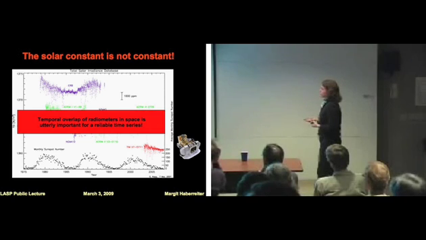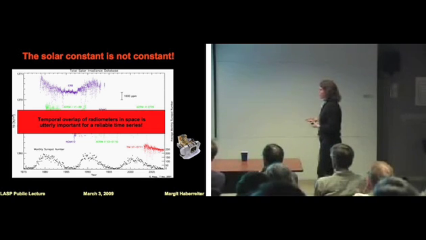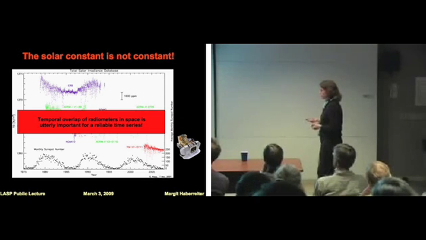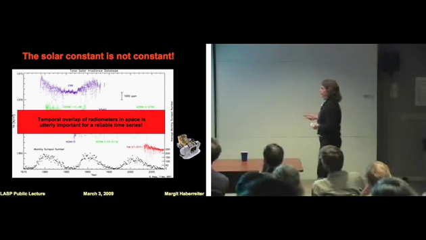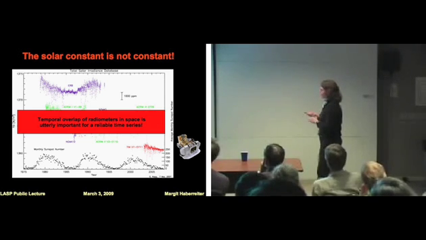The total solar irradiance has been observed from space for about 3 solar cycles, starting from 1975. It has been observed by many instruments, and you see a huge scatter of this parameter. It's not only due to the scatter between the instruments, but you can see there's a certain variability that is observed by each instrument.